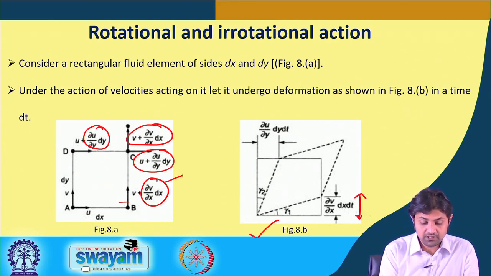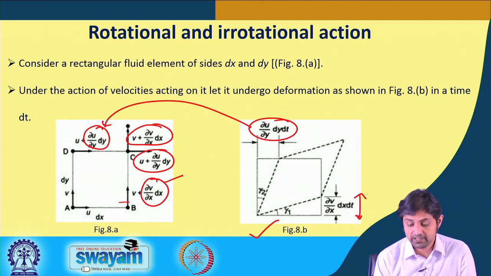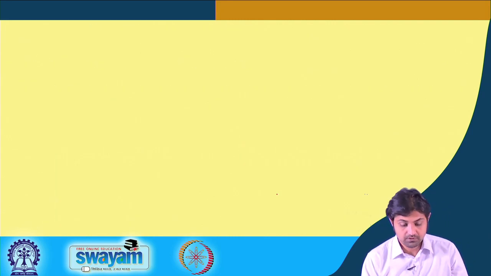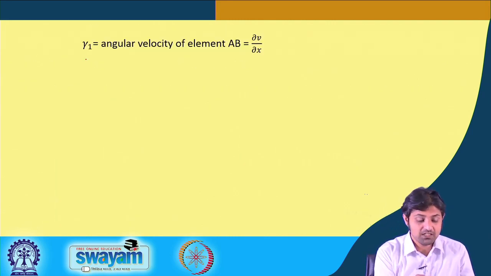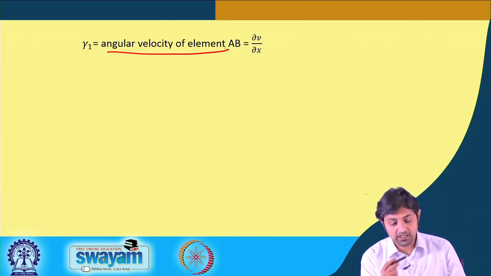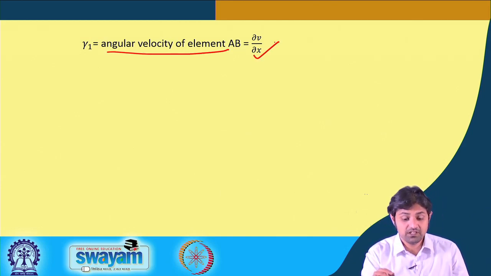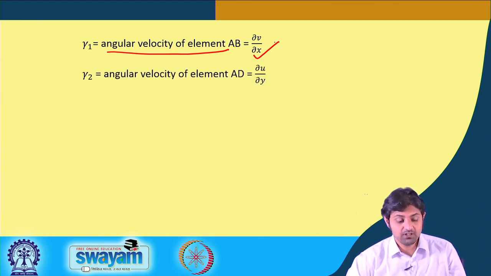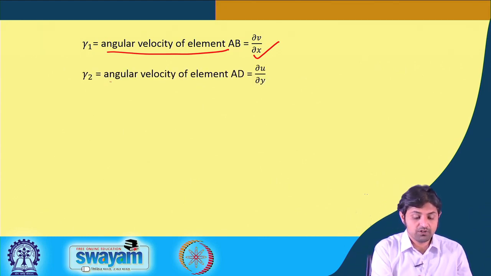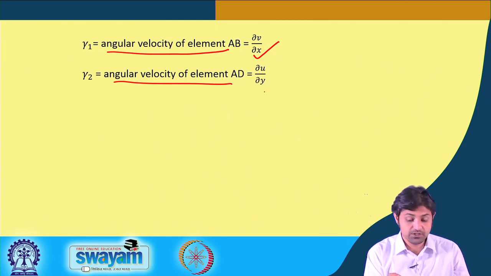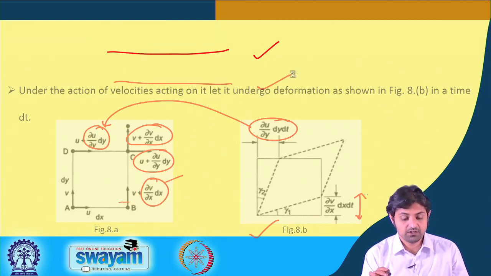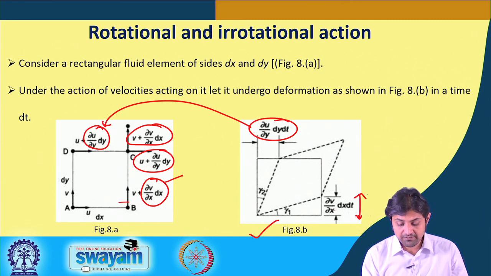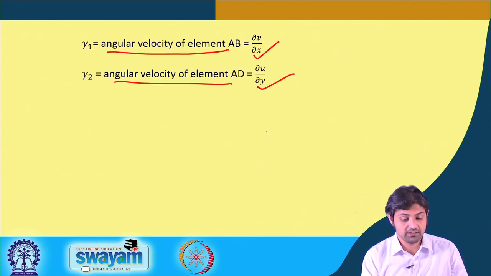Similarly for the other side, multiplied by dt, and if this angle is gamma 1 and this is gamma 2, gamma 1 is the angular velocity of element AB, which is equal to del v by del x. Gamma 2 is the angular velocity of element AD, that is del u by del y, as we have written in the slide.